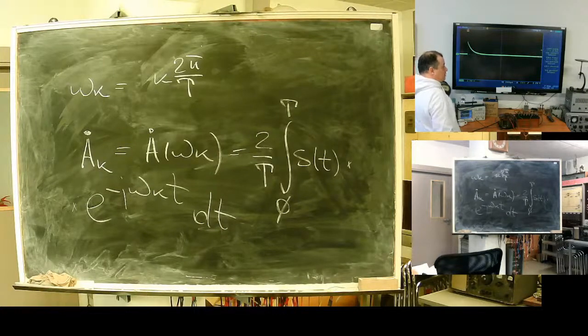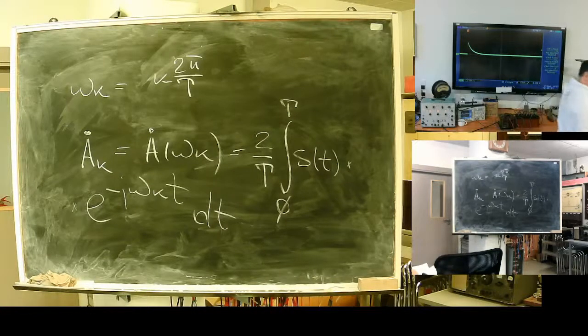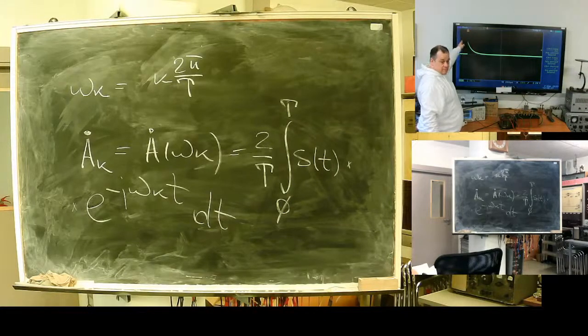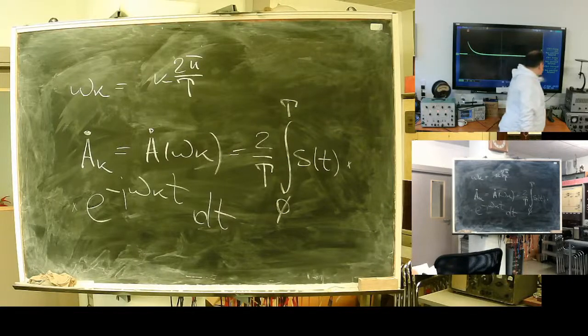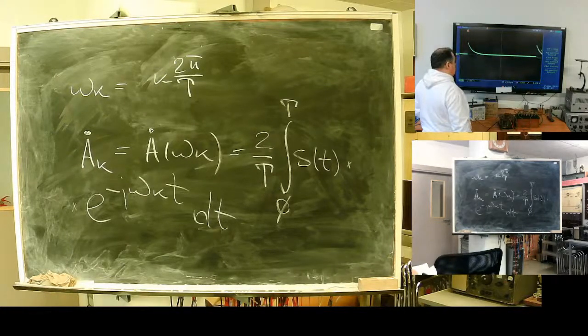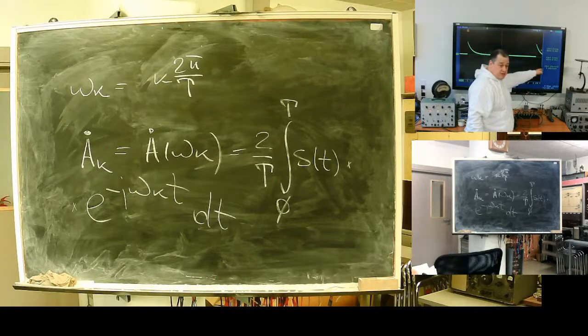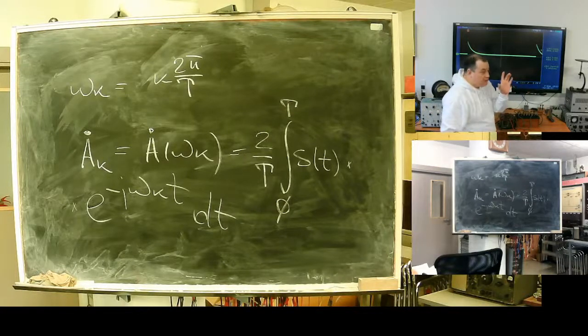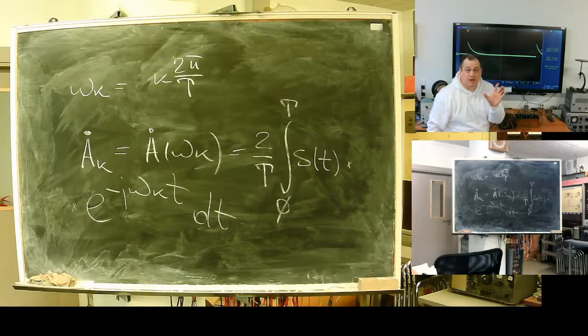Periodic, non-periodic. What's the difference? For the scope, time starts here and ends at this point. Nothing exists for the scope outside this line. It is the end of scope memory. Everything outside of the observation window, the time frame in which the scope operates, is ignored.